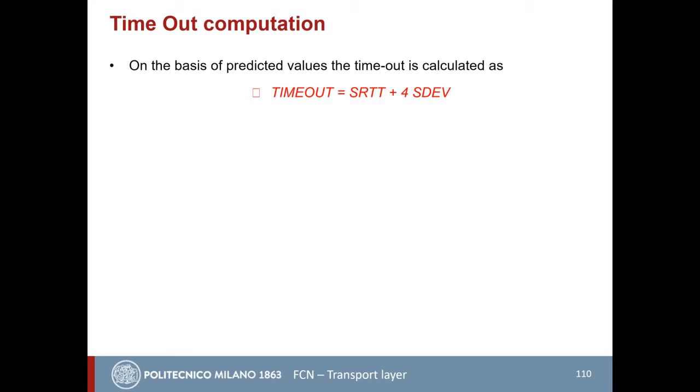And this allows you to have a margin in the case of outliers in terms of round trip time, so momentary increases of the round trip time. Since everything is defined in an iterative way, you have to specify the initial conditions, and usually the initial timeout is 1 second.